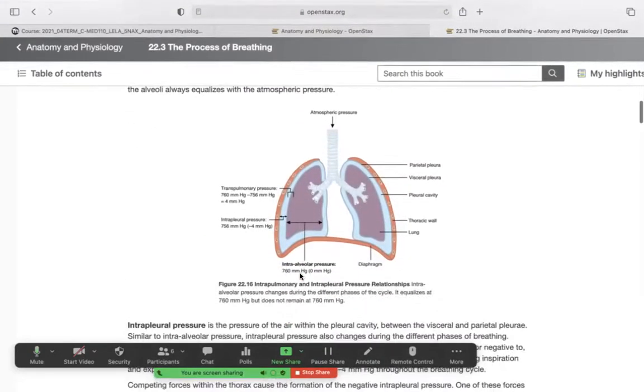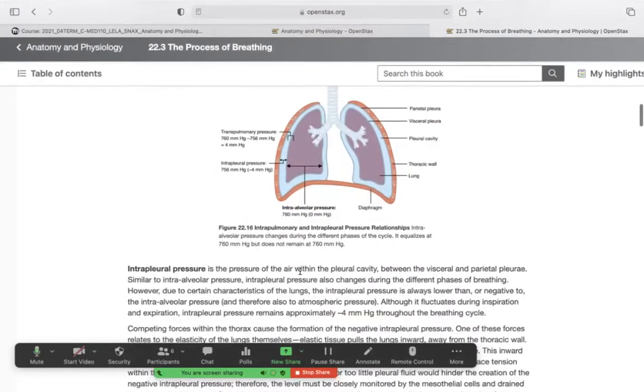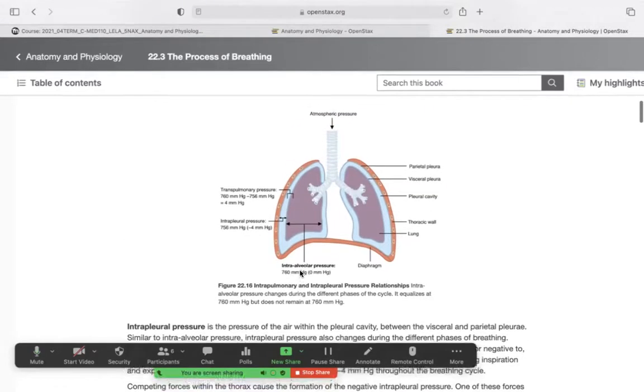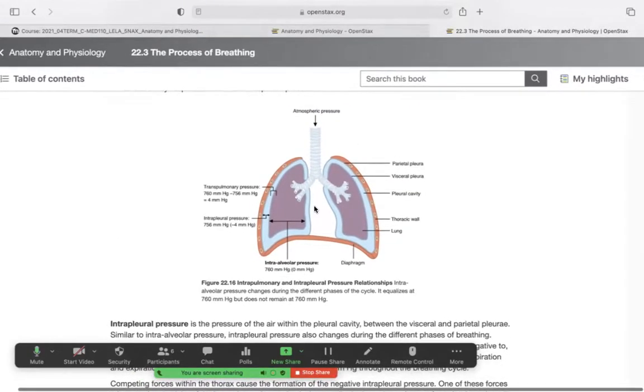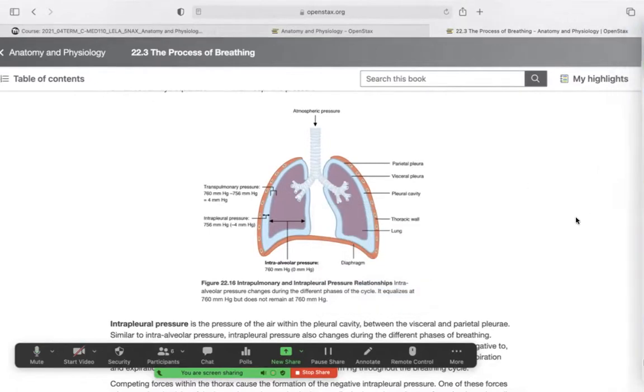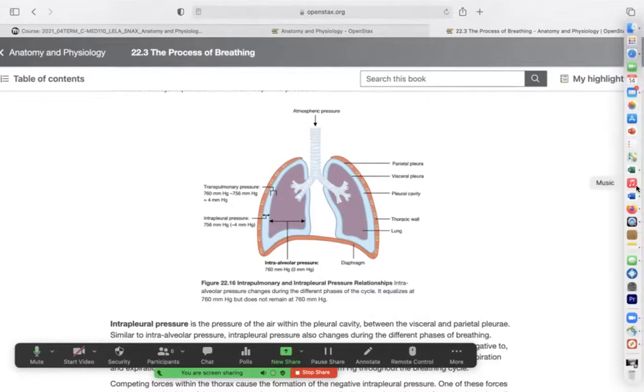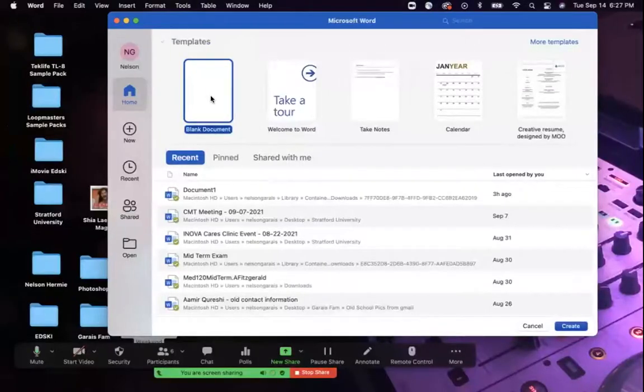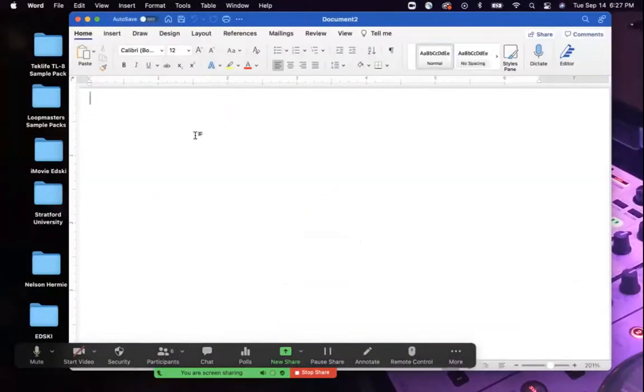Now, let's talk about the intrapleural pressure. You don't have to memorize 760 millimeters of mercury minus 756 or whatever, but in the future, for future training, you definitely will.